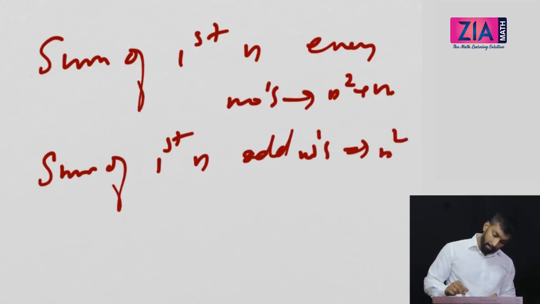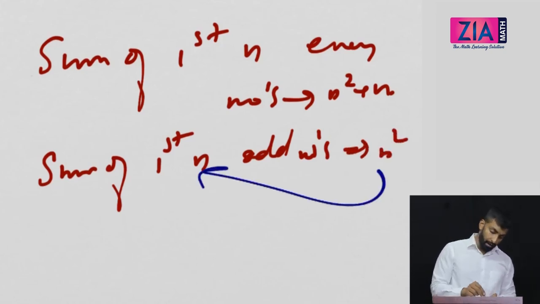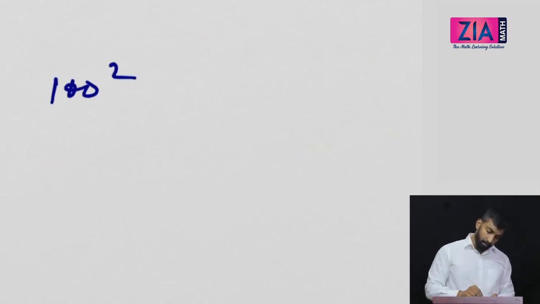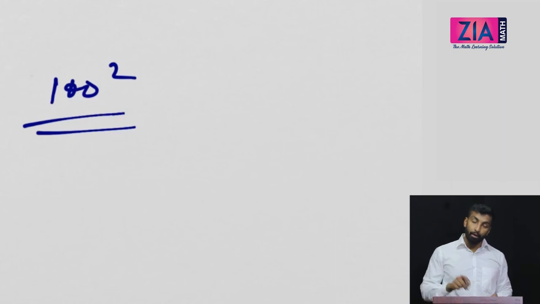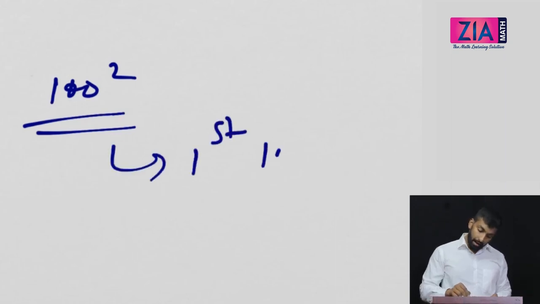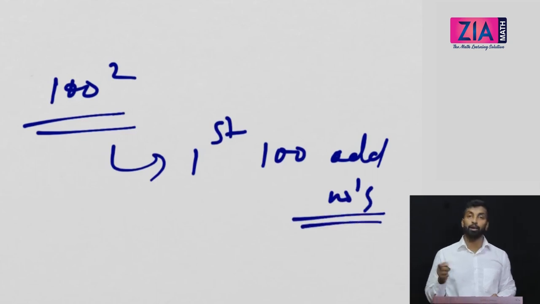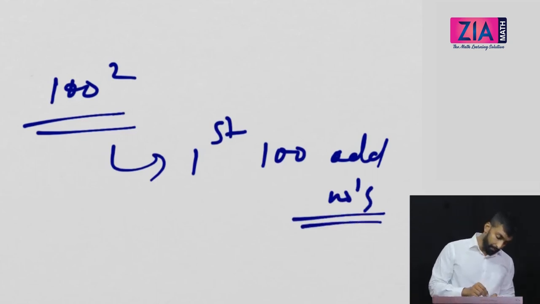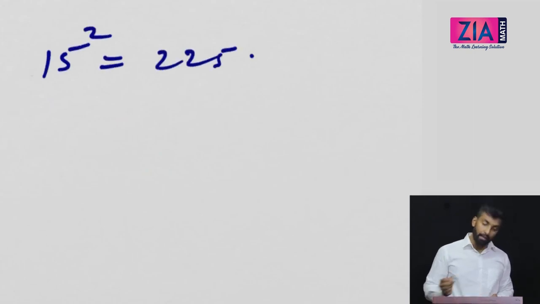So any square number you can think in this reverse way also. How are you actually getting a square number? If you are finding 100 square, what does this mean? Sum of first 100 odd numbers. So you are actually finding first 100 odd numbers, that is your sum, that is your square. So 15 square is 225. What does this mean?